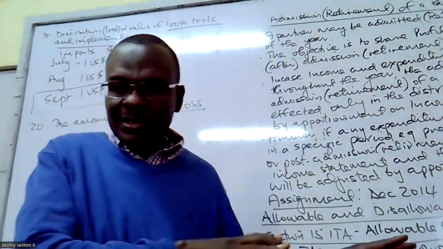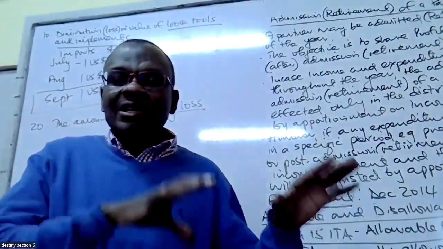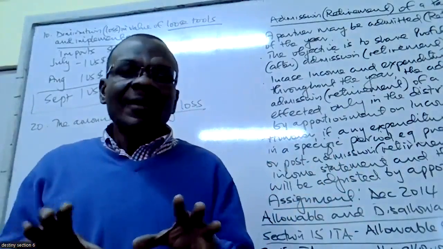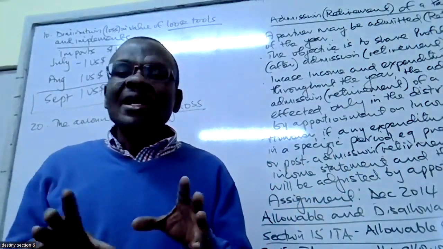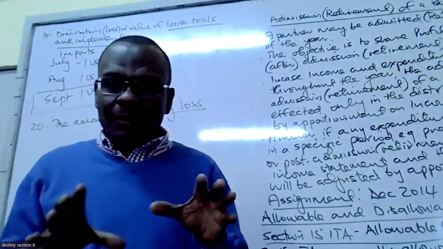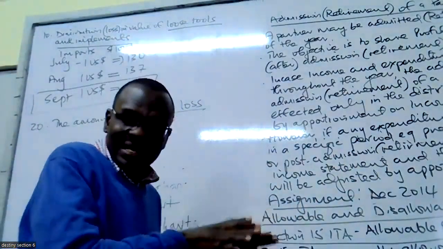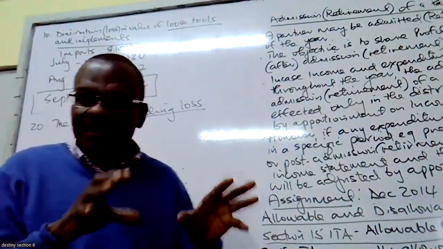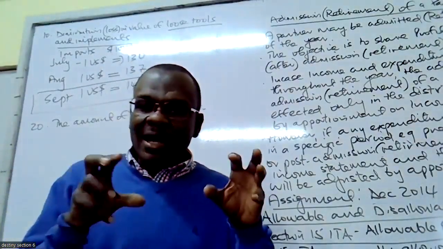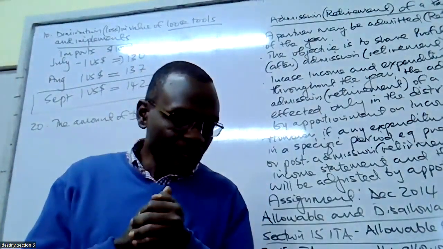These are principle guidelines in considering what is an allowed expense in a business, and you'll find them very, very useful. We'll be using these principle guidelines to guide us in determining expenses that are allowable in a business.